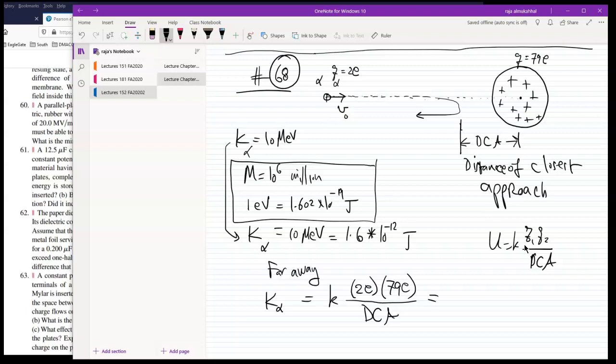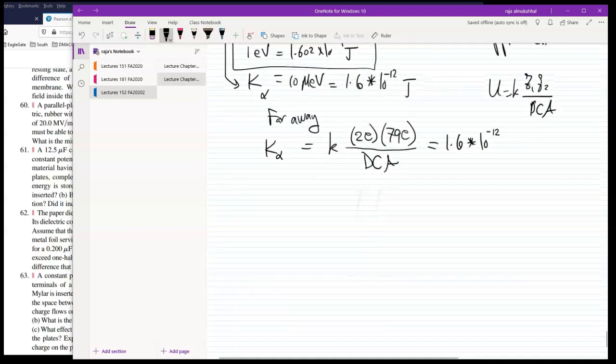Of course, the kinetic energy of the helium is equal to this number. I'm just going to put it right there, and that's going to be 1.6 times 10 to the negative 12. And then I will just work it out.